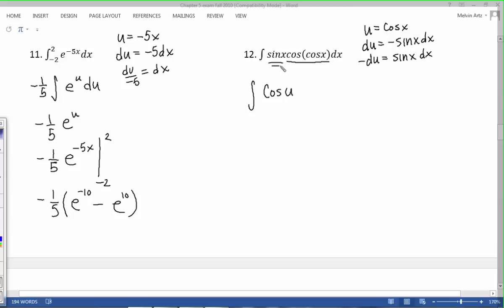Now we need to still replace the sine of x dx. And the sine of x dx can be replaced with negative du. And I'm going to pull the negative out front. So the antiderivative of cosine of u is the sine of u plus our constant of integration. And then we would have the negative sine, and we're going to replace u with cosine of x. And there's our antiderivative.